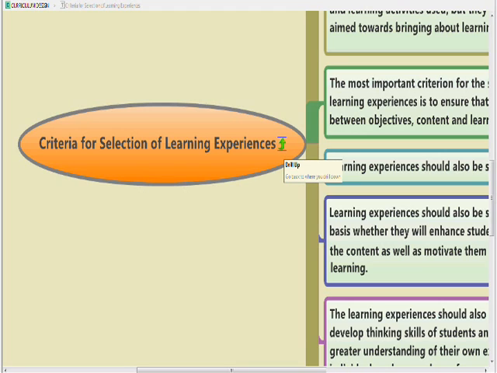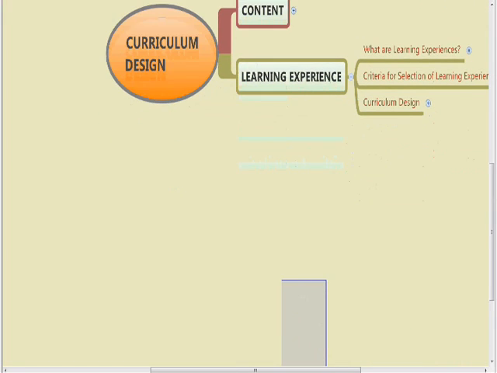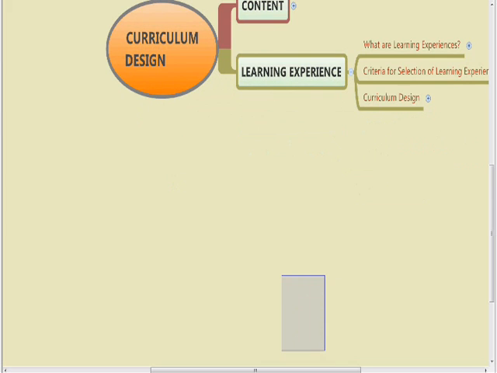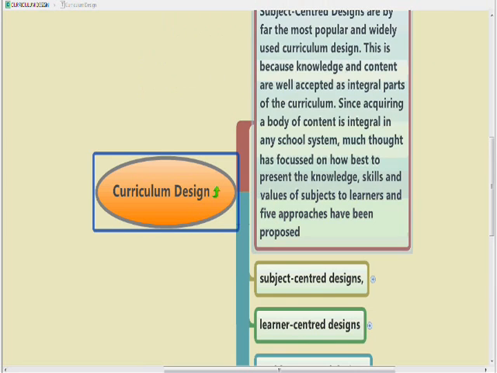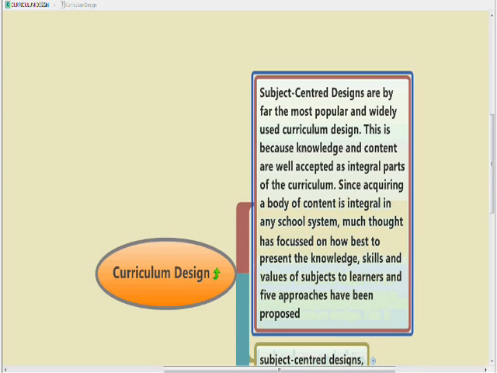Let's go to the final part, curriculum design. Okay, the final part is called curriculum design. Let's quickly run through what I've prepared for you. Subject-centered design is by far the most popular and widely used curriculum design.